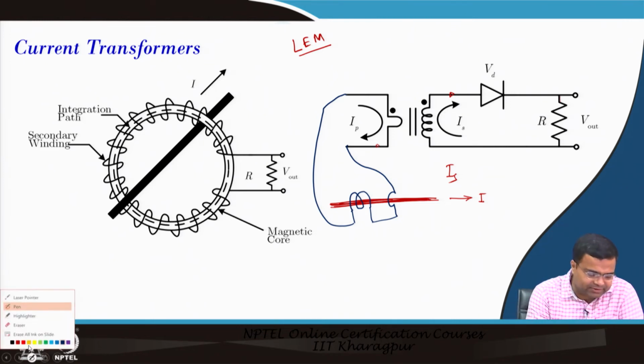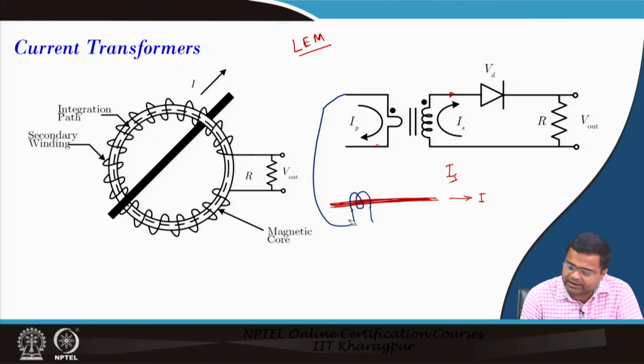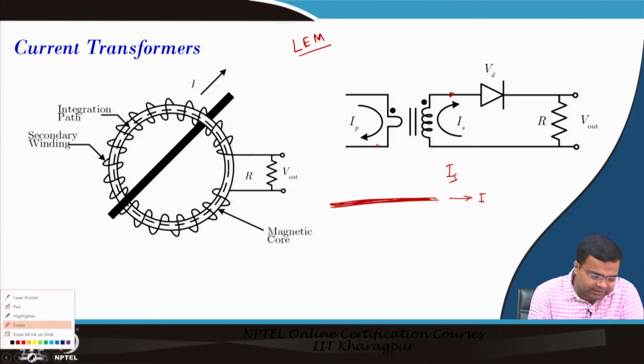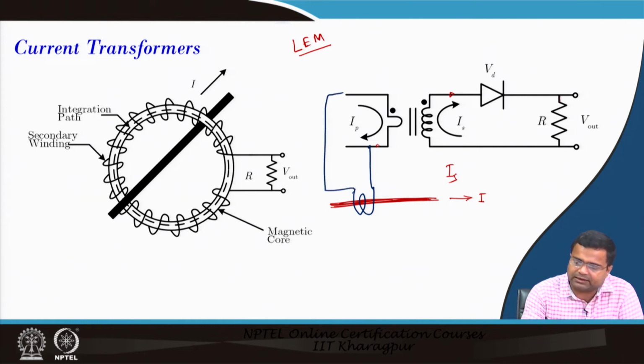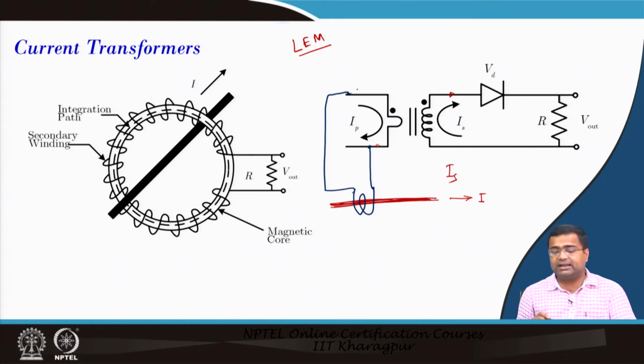If I just reverse this diagram, it will be better. So let us say this is connected here and this is connected here. This is a primary side, instead of 1 turn it can be 2 turns.